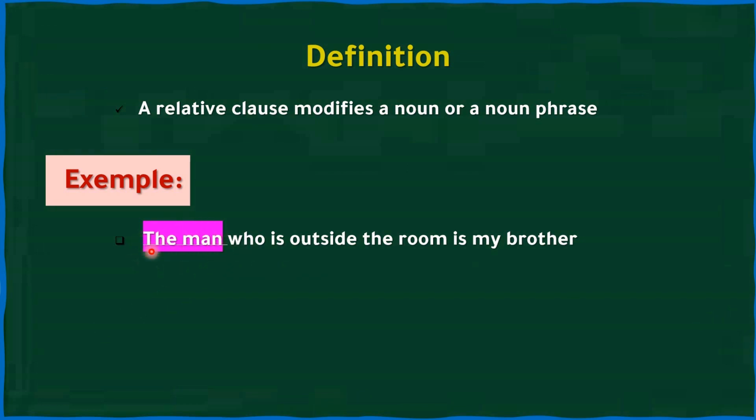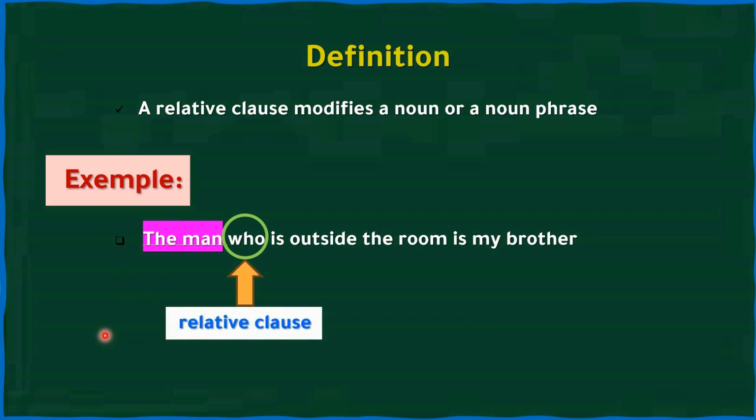The man means people. So who is a relative pronoun. The man is a noun phrase and not a noun. Why? Because we have the modifier the and the noun man.